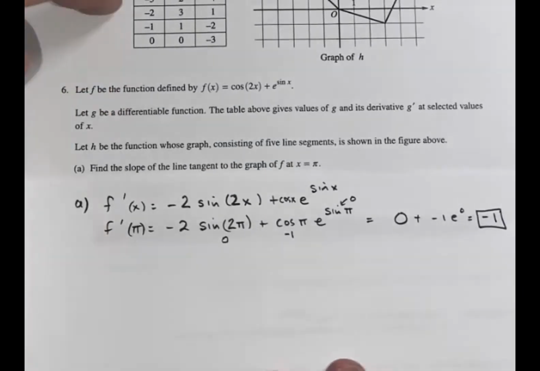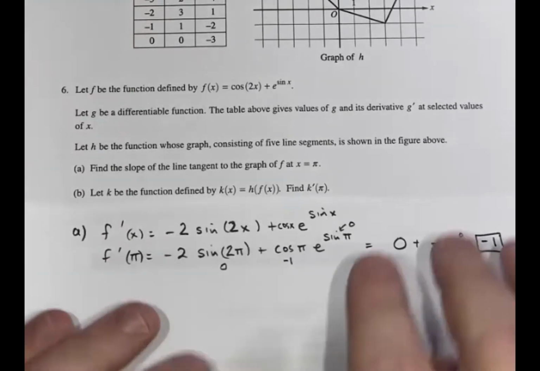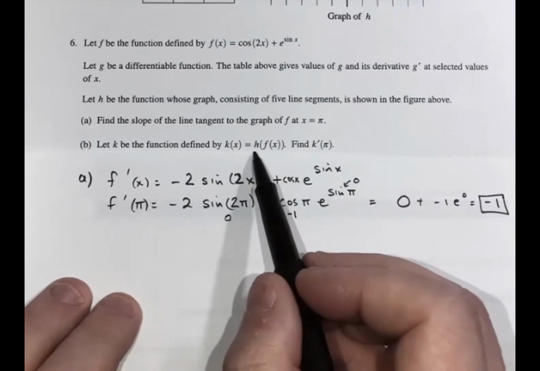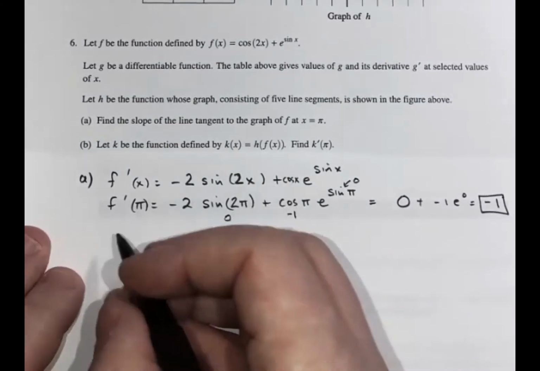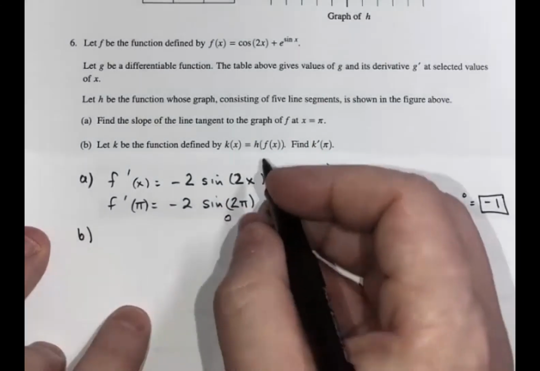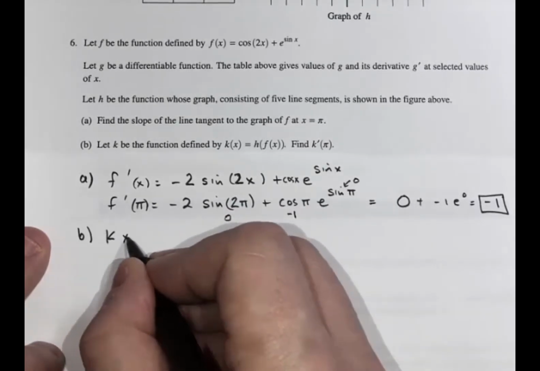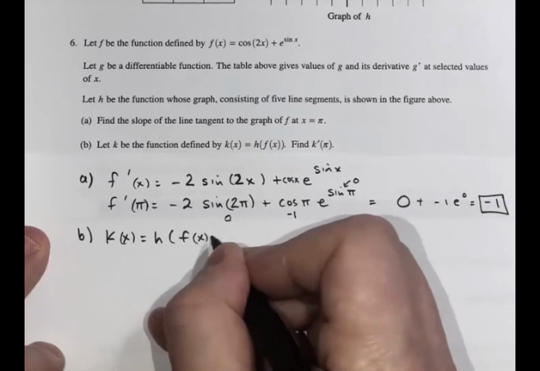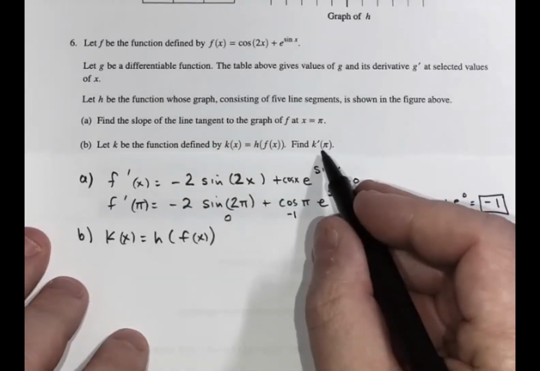Okay, part B. Now we have a k function, which is defined in terms of h and of f. So in part B, k of x is equal to h of f of x, and they still want something to do with the derivative.